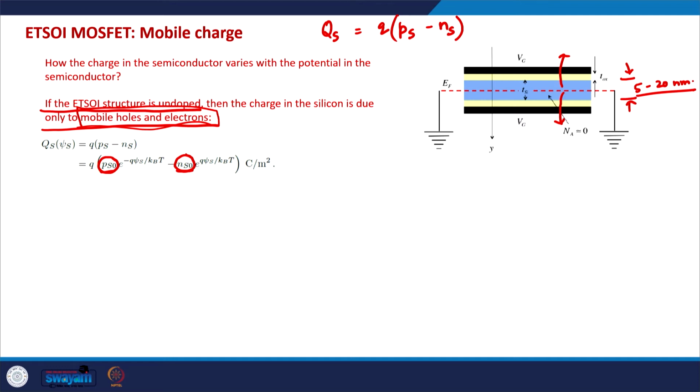When we apply a gate voltage, and generally the same gate voltage is applied on both the gates, so both the gates are connected to each other, in that case a semiconductor potential psi S appears at the interfaces.